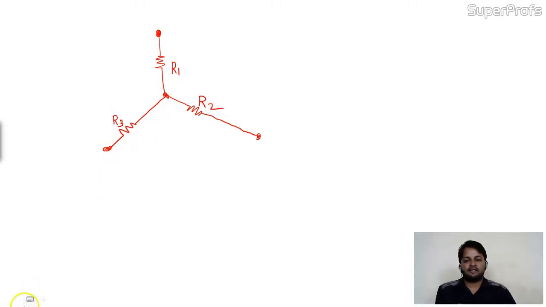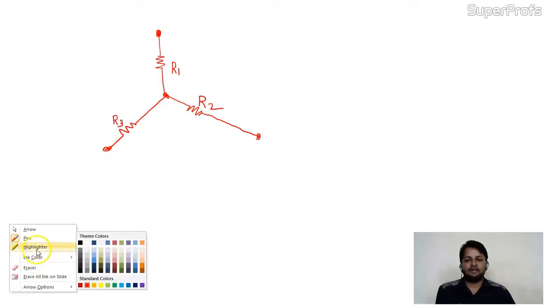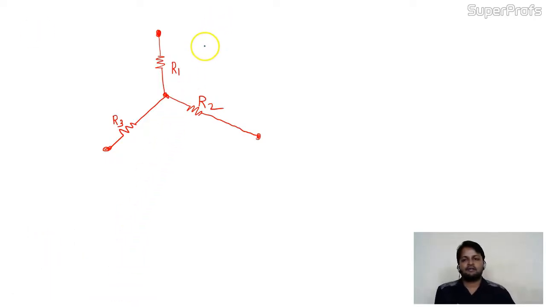Your task is to transform it into the equivalent delta. We have seen this is the delta, and this is the star. Now we are going to convert this star into the equivalent delta, so I am going to construct it here only.